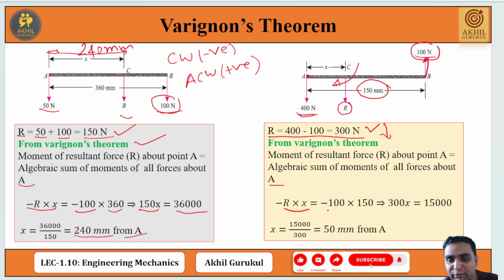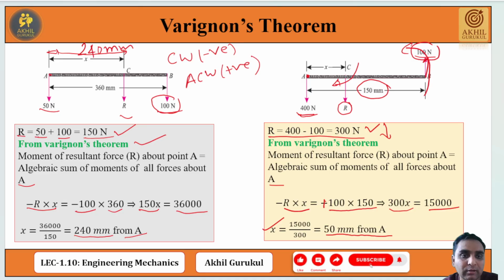So moment of 100 Newton is acting in anticlockwise direction, so here it should be positive. Here 100 into 150 equals resultant 300 into x equals this value. So x is 50 mm from A.